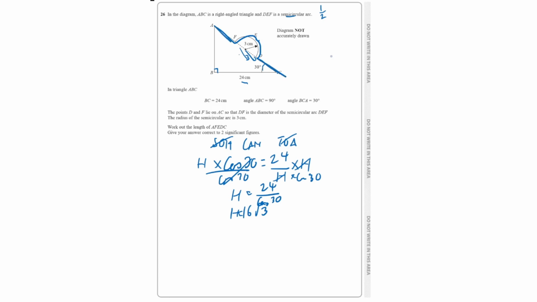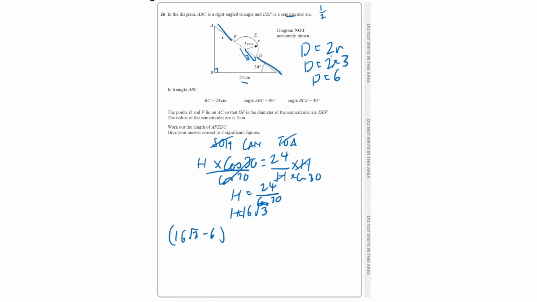The diameter is twice the radius, and since the radius is 3, that means the diameter is 2 times 3, which is 6. So that means we have 16 root 3 minus 6 gives us the length AF and DC.